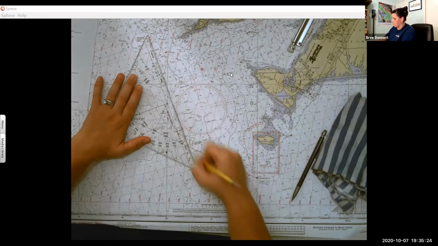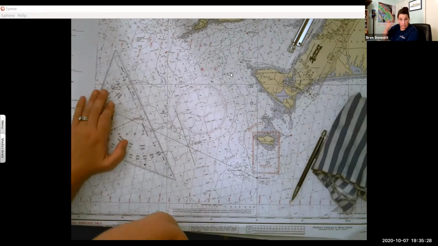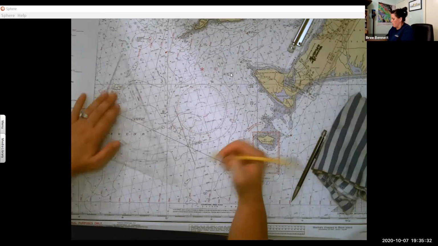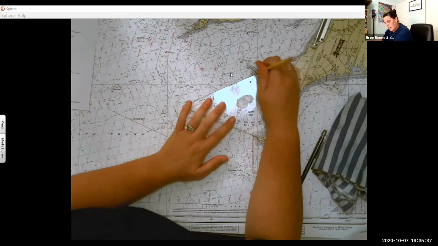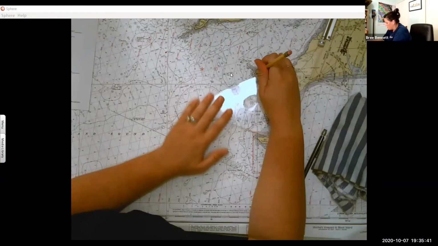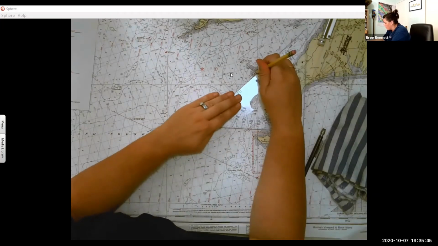So I think I'm somewhere along this line, but I could be anywhere. So I did a dashed and then a solid line. For Gay Head, I am 050. Put my pencil on it, find 050.